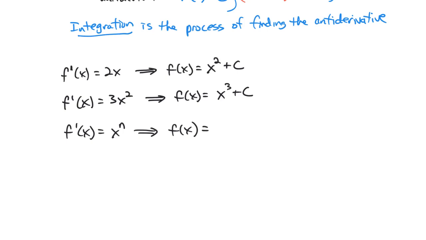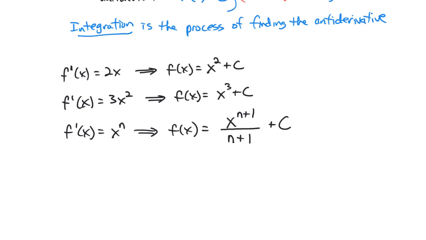We have the power rule for taking the derivative. This is the power rule for finding the antiderivative. And it's closely related, but what we have to do is, instead of going down by a power, we go up by a power. And instead of multiplying, we divide. And then we always have this plus c.